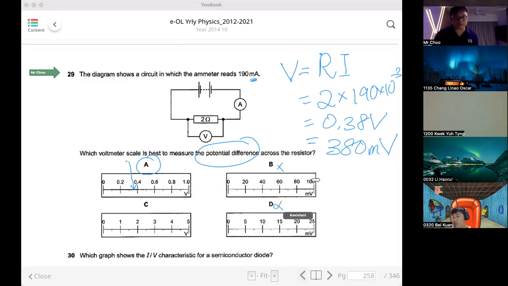We can also use C because 0.38 is somewhere here as well, but it is not very good because 0.38 is very, very small. A is better because it shows you a greater scale of where 0.38 will be. For C, you can't really tell it's 0.38, maybe you can estimate it's 0.4. But for scale A, you can see exactly 0.38. Therefore, the answer for 29 is A.